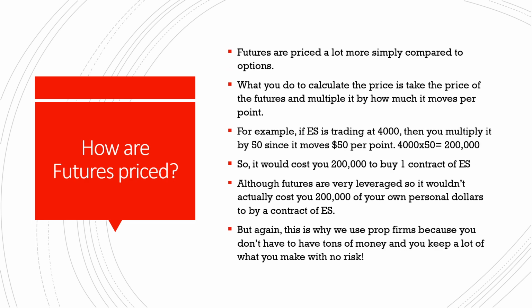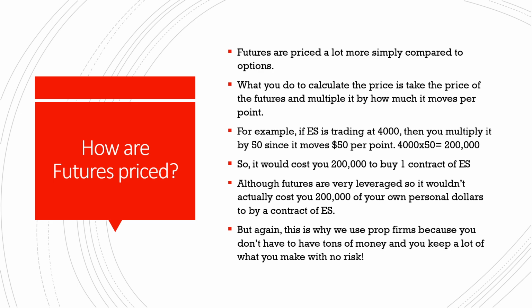Futures are priced a lot more simply compared to options. With options you have the premiums and all that complicated stuff. What you do to calculate the price is take the price of the future and multiply it by how much it moves per point.